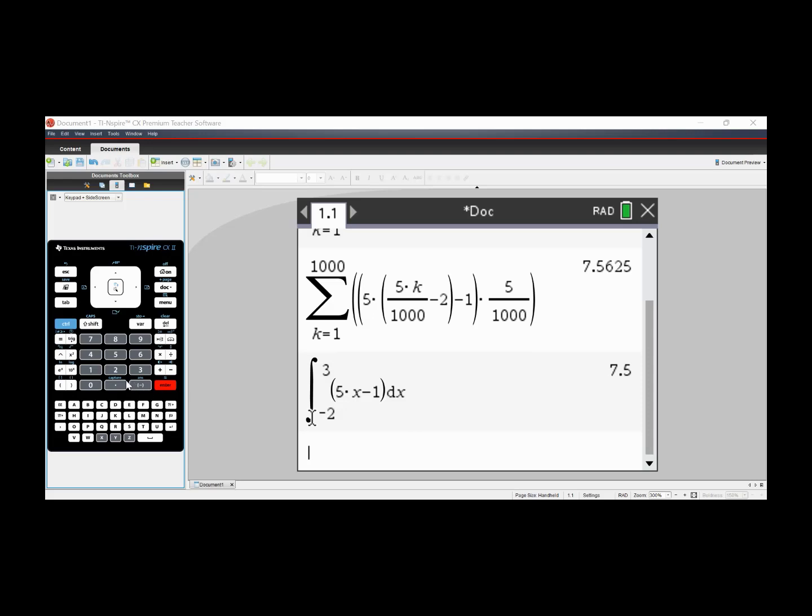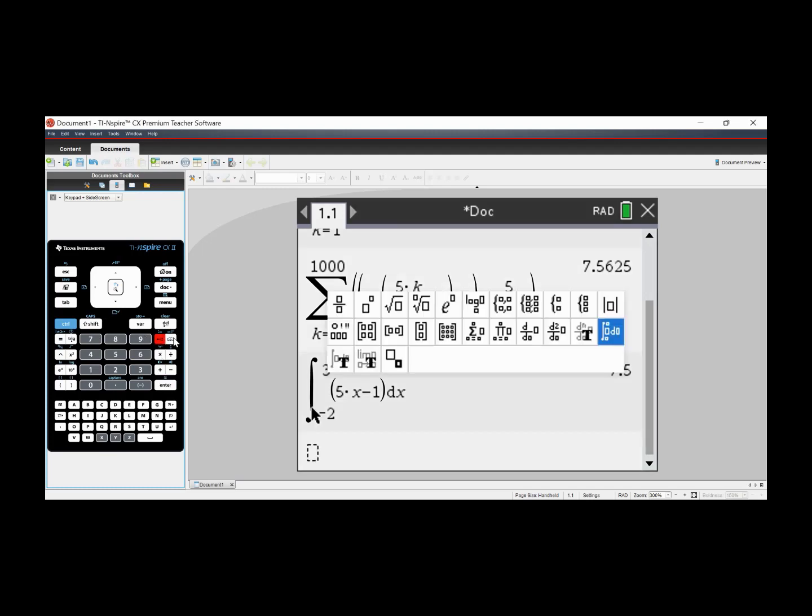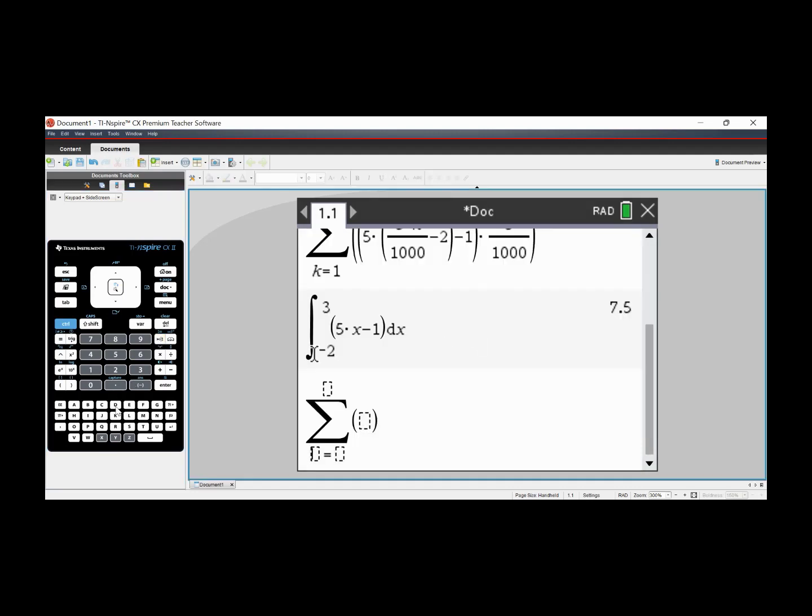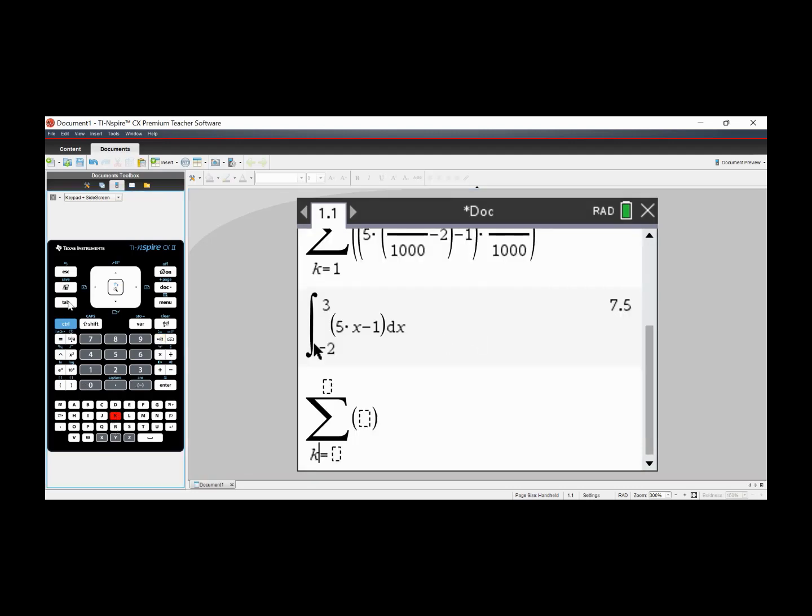Okay, so this time we're going to do the limit. Again, we can't do the limit as n heads to infinity, but let's do that summation again, and we'll use that same trick: the summation as k goes from 1 to 1,000 again. 1, 2, 3, and tab over. And our rule was open parentheses.